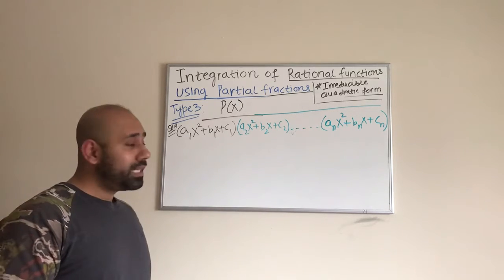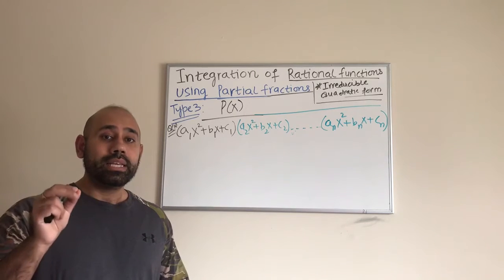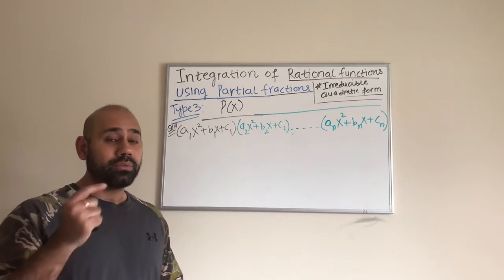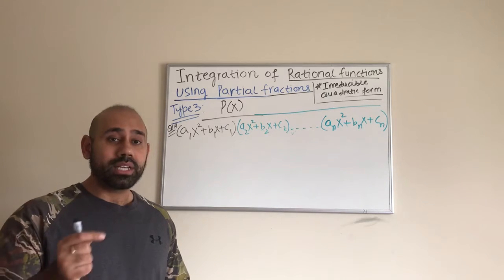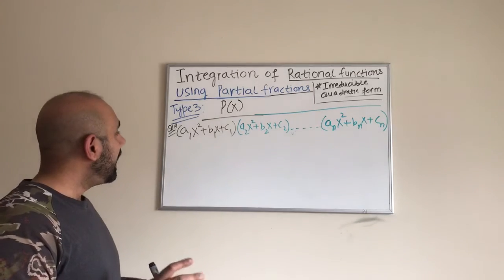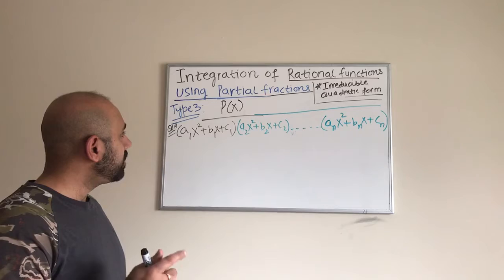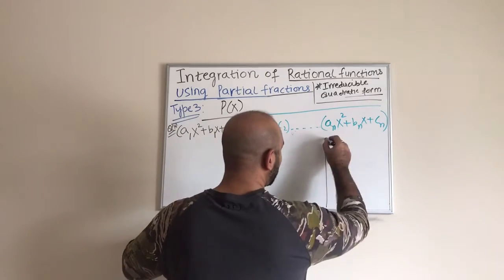Okay, so that is something that we have to keep in mind before we start actually evaluating the integral of a rational function. First, we have to look at the denominator and see whether it can be factored or not. So that is one of the conditions, and there are two other conditions. I'm going to write them right here.